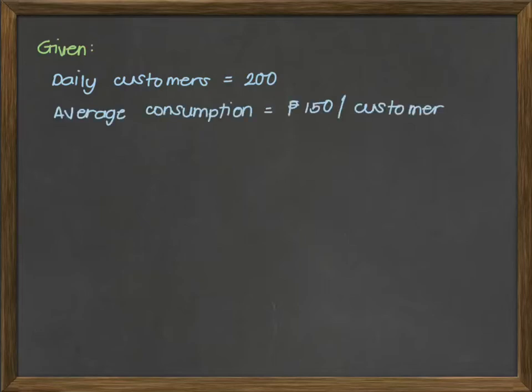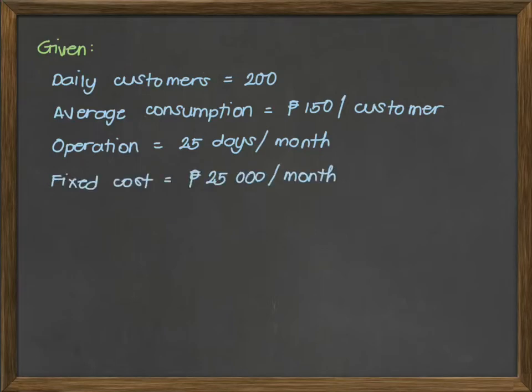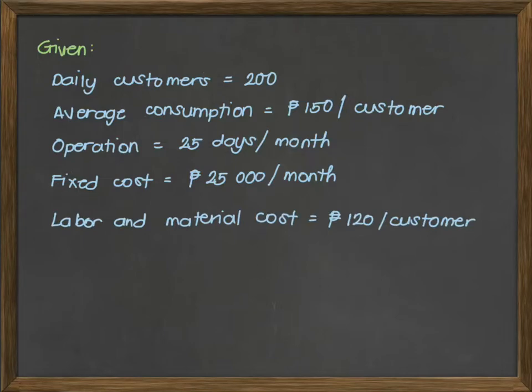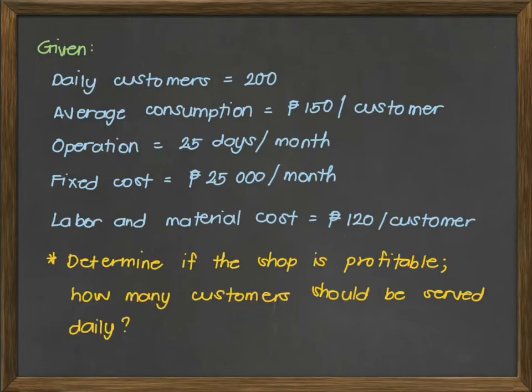And each customer will be spending 150 pesos. And then, the operation is given as 25 days a month. The fixed cost is 25,000 a month. And labor and material cost is 120 pesos per customer.